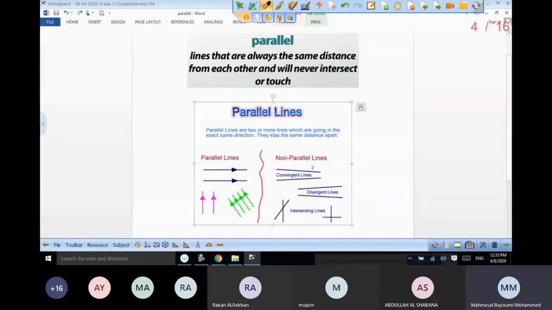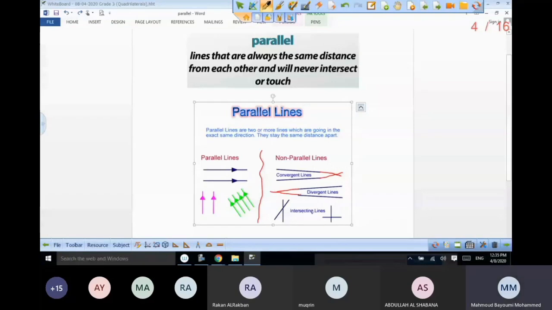As you see here, if we extend these lines, for example, they will meet. They will cross. Okay? Also these lines. So they are not parallel because they will touch. The intersecting lines also are not parallel lines.